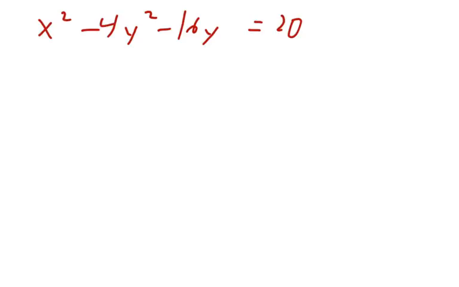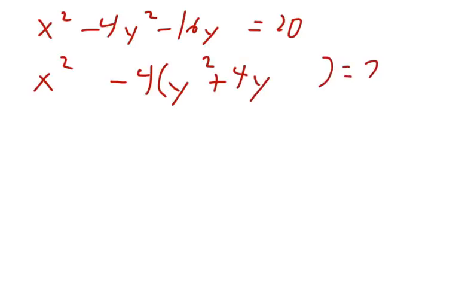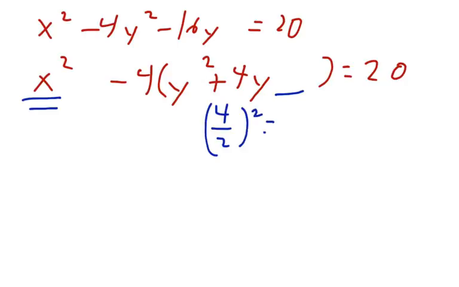For problem number 8, we want to turn this into the standard form for the hyperbola. So the first thing I'm going to do is take a negative 4 out of the second one. And remember to change that negative to a positive. And I get equals 20. Now in order to complete the square, the x squared is already done, I would do 4 divided by 2 squared, which is 4.